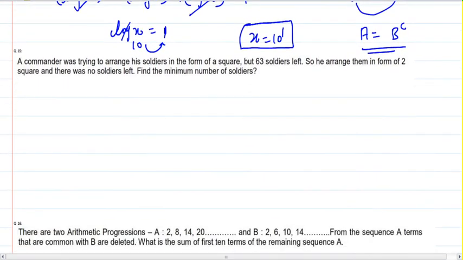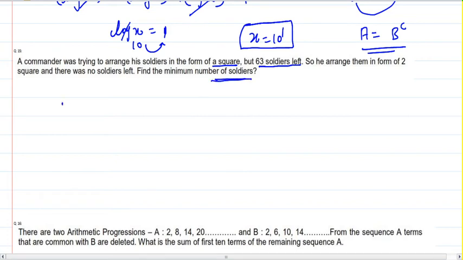Now, what do we have here? A commander was trying to arrange his soldiers in form of a square, but 63 soldiers were left. So he arranged them in form of two squares and there was no soldier left. What is the minimum number of soldiers?